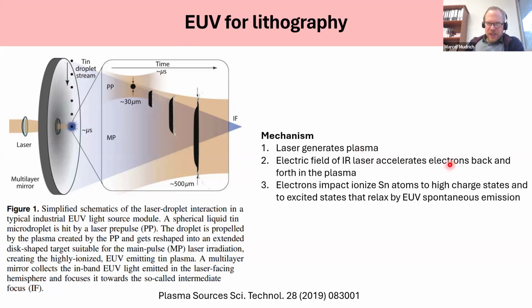Essentially the electrons are shaken back and forth and constantly hit the remaining neutral and ionized atoms, and by electron impact ionization and impact excitation further excite the core atoms into highly excited states, such that these highly excited atoms and ions then emit radiation by spontaneous relaxation.